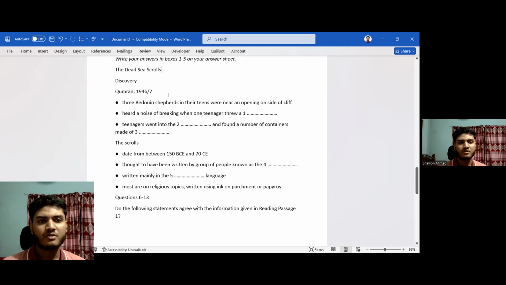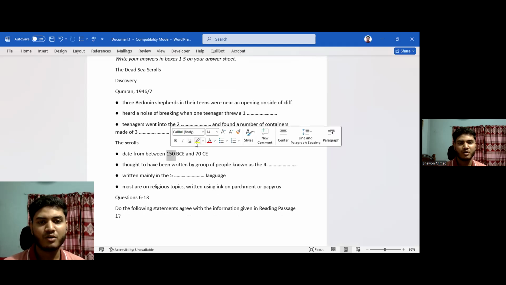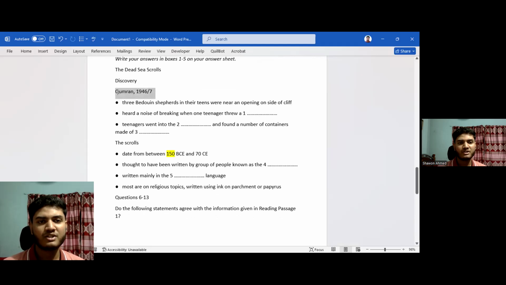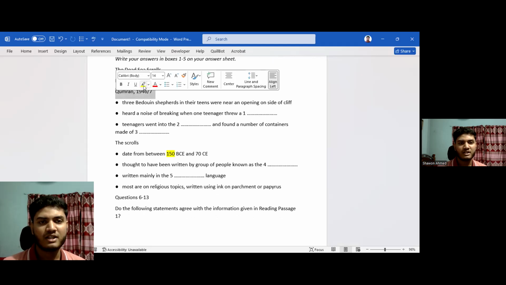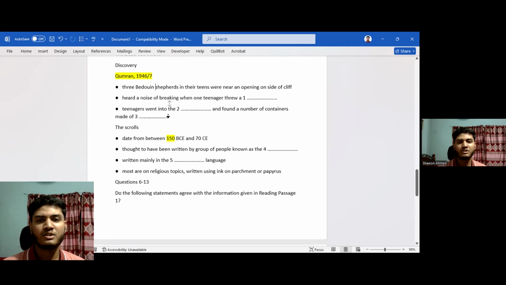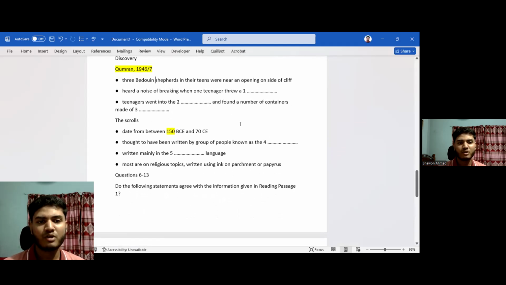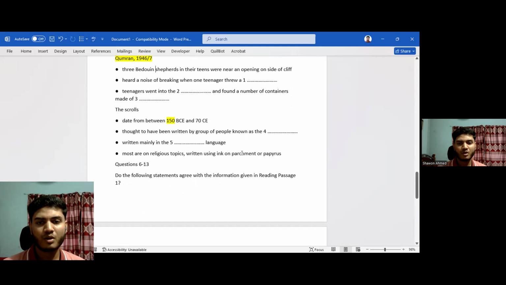Okay. So first of all, we got some keywords, and I have to look at these keywords in the passage before I solve this question. So let's find out what the keywords are. We got 150, we got Qumran, 1946 and 47, and we got more keywords here, as you can see.